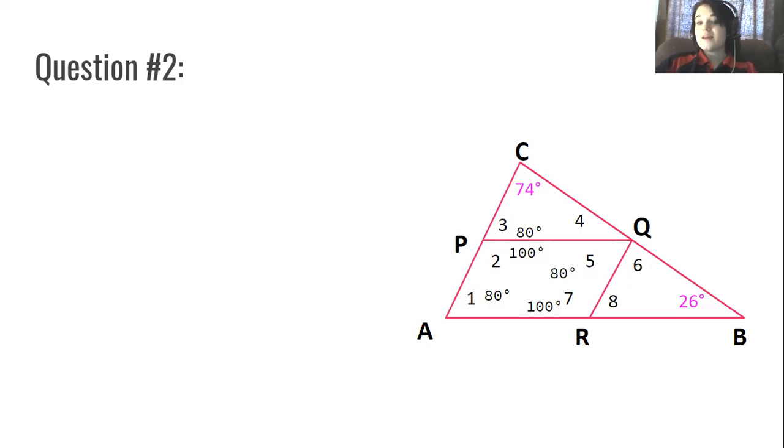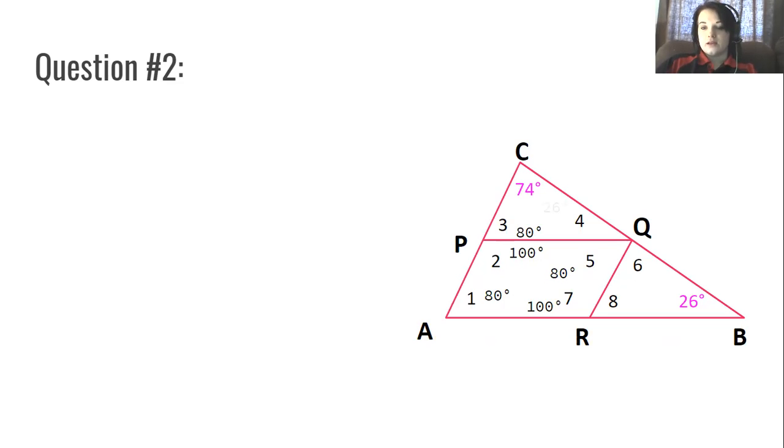Now after that, we have our top tiny triangle that we can solve for because we just found angle 3, and we already have angle C. So we add 80 plus 74, and we subtract that total from 180, and that's going to give us 26.